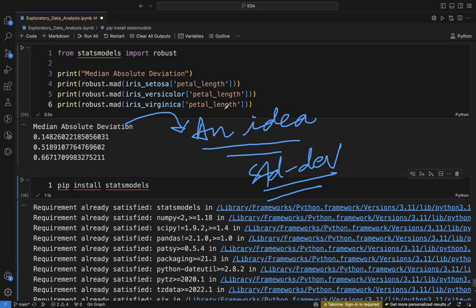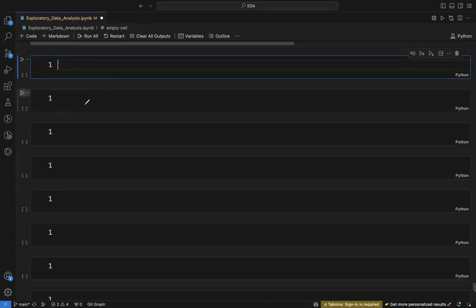Because I want to take care of extreme points or outliers, since the standard deviation gets corrupted by a small number of outliers. That's why I have used a similar idea to calculate the median absolute deviation, which is free from outliers.